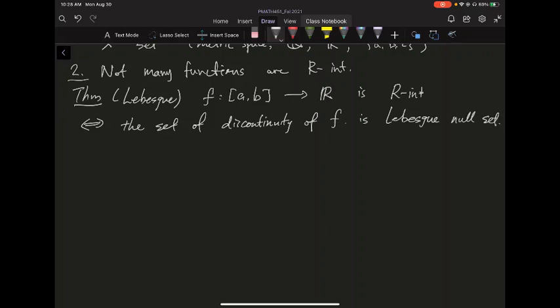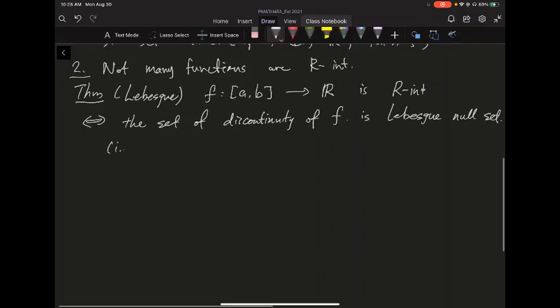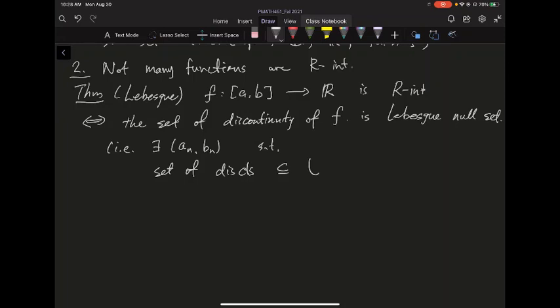Well, if you recall from your 450, a Lebesgue null set, in other words, there exist some intervals, let's say (an, bn), so that the set of discontinuities is contained in the union of these (an, bn), and you can make these intervals arbitrarily small.